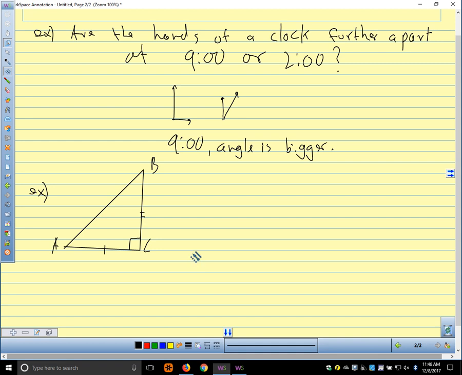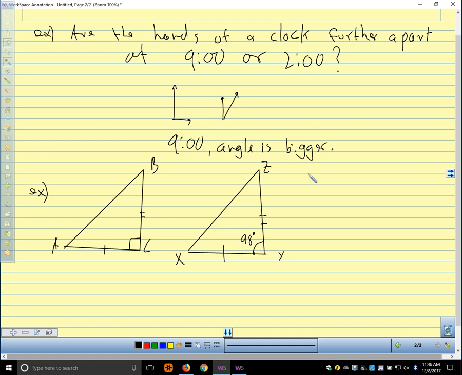And I'm going to say these are congruent. And this is 98 degrees. And we want to know what else we can figure out.